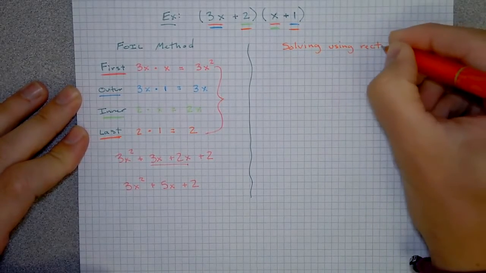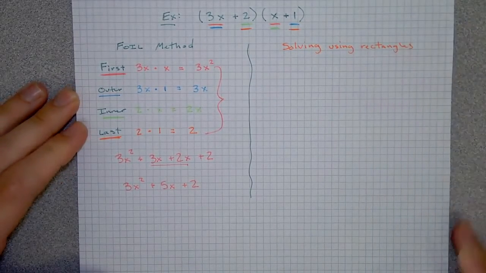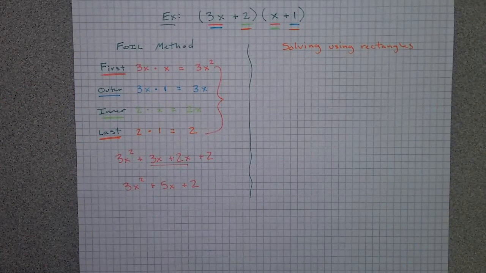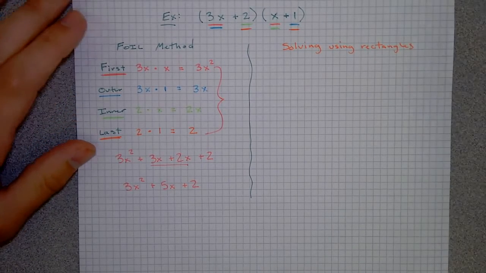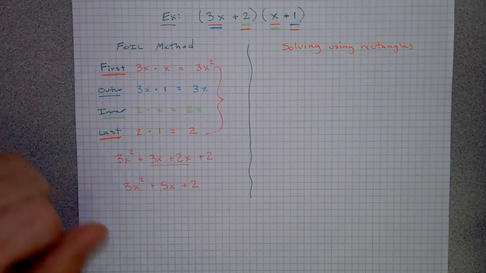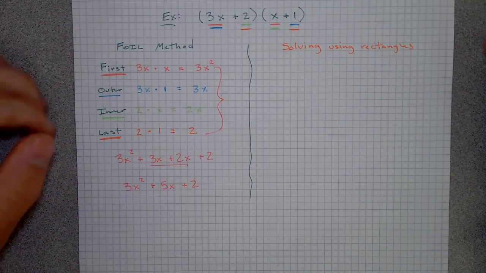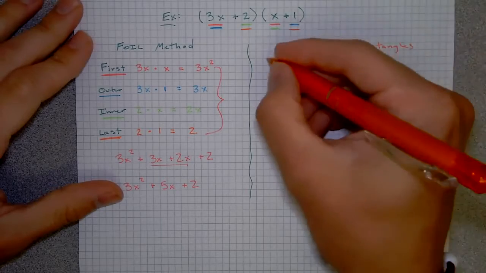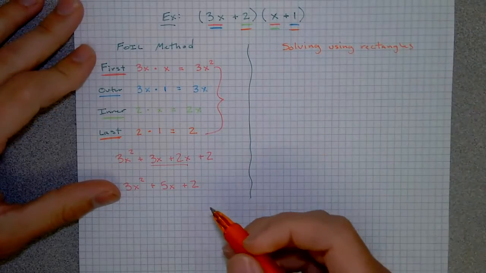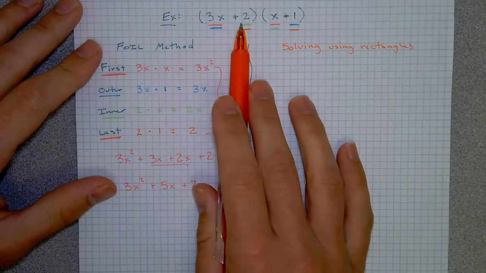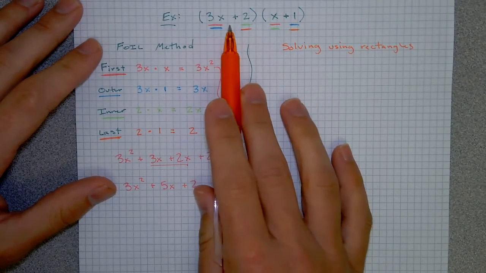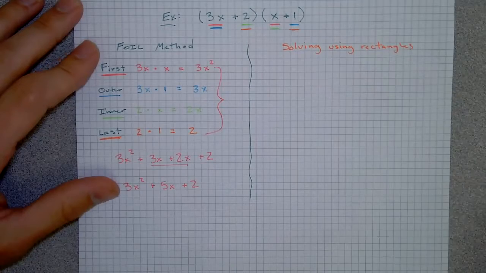Okay, so the second method that we'll mostly be using is solving with rectangles. So you're going to make a rectangle based on how many values you have in the first polynomial. That can be your rows. Okay, and then your columns are going to be how many are in the second one.